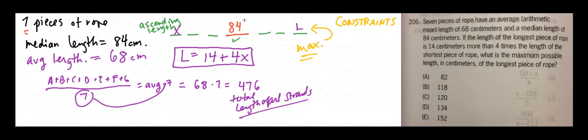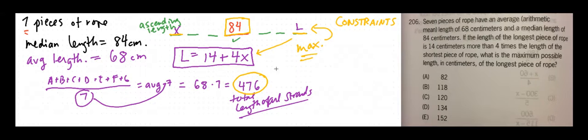The constraints are that this is a definite number, that this is the smallest strand, and that the largest strand is governed by this equation here. But aside from that, we can do whatever we want. And also the total amount of all the pieces is 476. So how do you maximize this but stick to all of this?